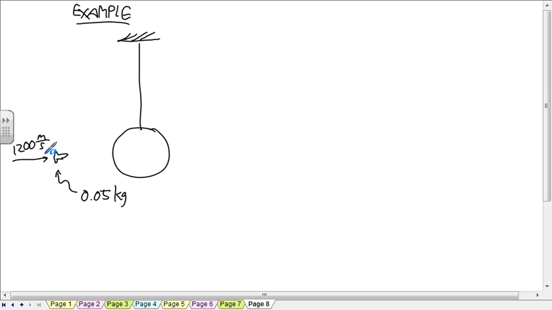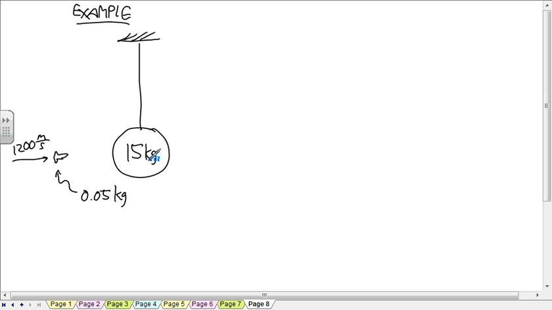So what you do is you shoot this relatively light, relatively fast bullet into a heavy mass. Let's say this is 15 kilograms, made out of wood, a big chunk of wood. The bullet lodges in the wood, and then the whole system swings up.